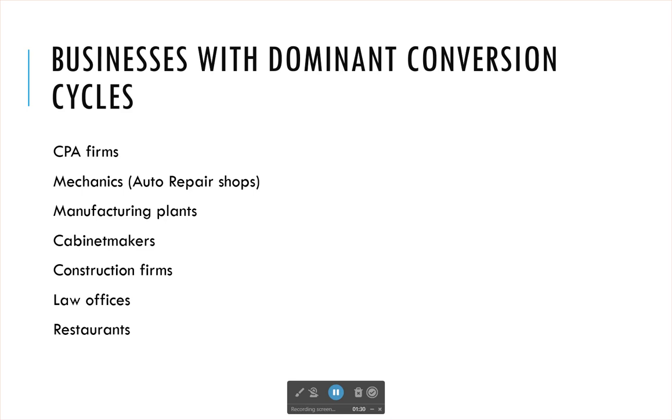Now, within conversion cycles, you have job costing and you have process costing. A CPA firm is very individualized in what they do. They will be preparing, perhaps, taxes for someone, and if they prepare taxes for one individual, it's not going to be the same as preparing taxes for someone else.